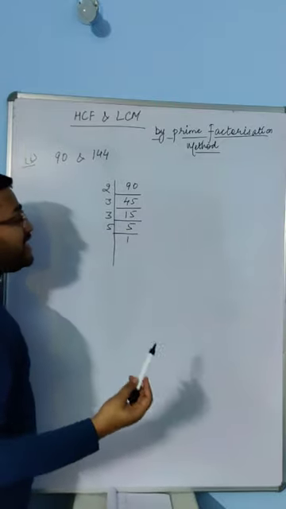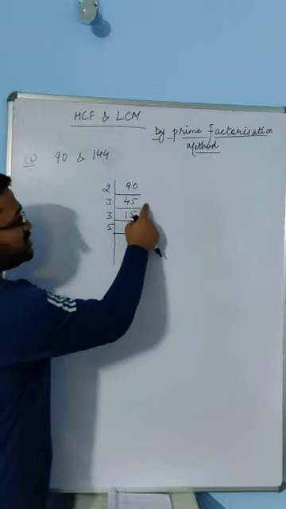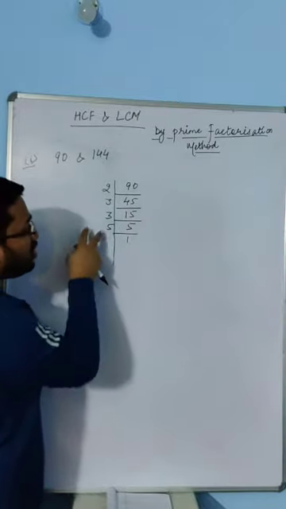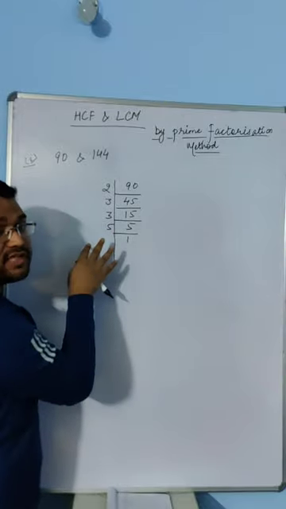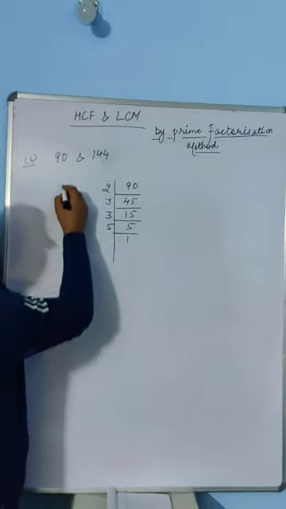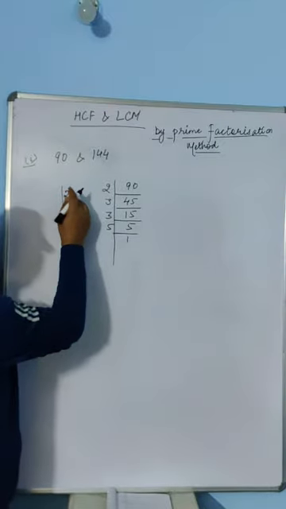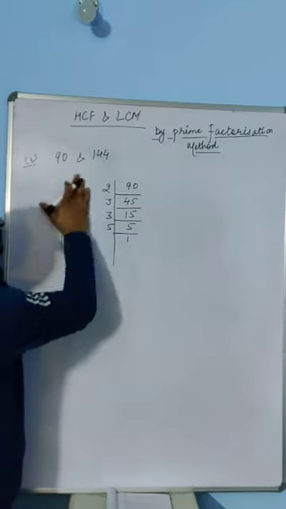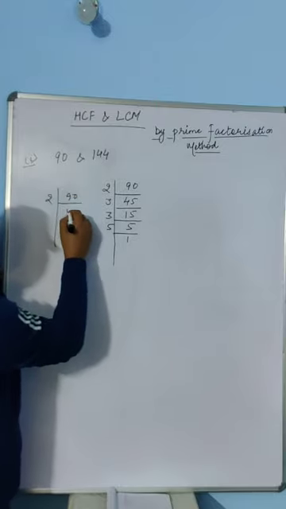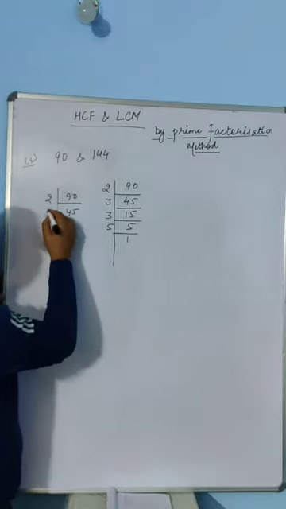Now, some of you might get confused. When you see 45, you think of 5. That's completely fine. Your numbers may be in a different sequence, but the factors will always be the same. Suppose instead of 3, you thought of 5.